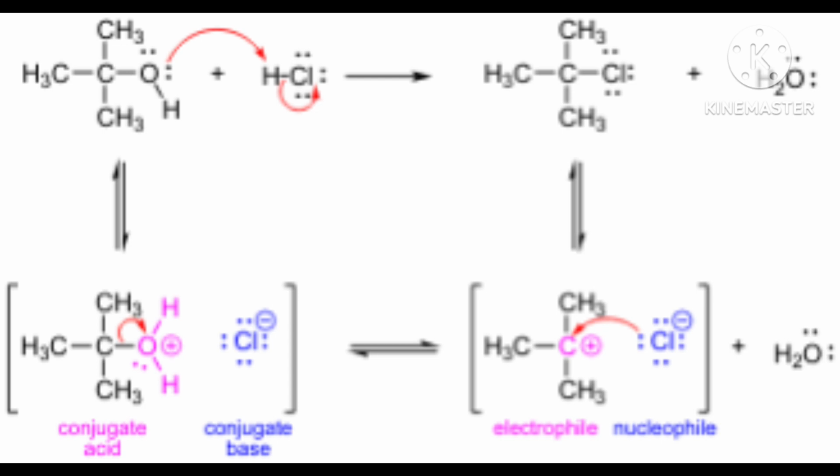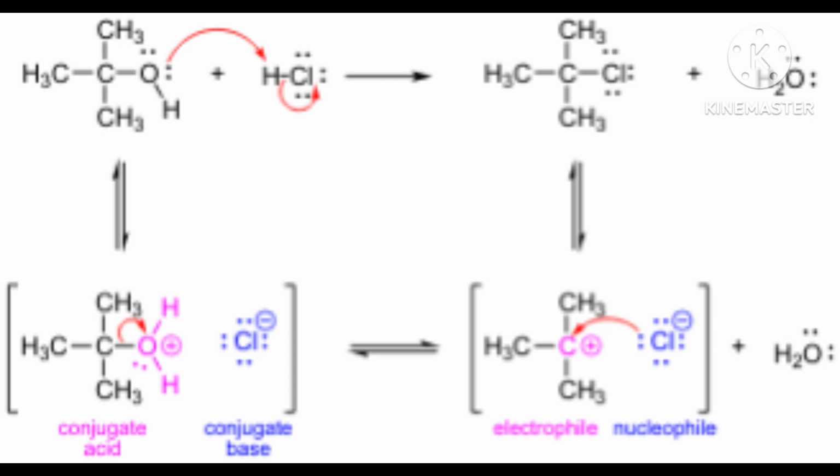Now come to homolytic cleavage. It is very easy. In homolytic cleavage, what will happen? When the covalent bond breaks, both carbons will take one electron each.